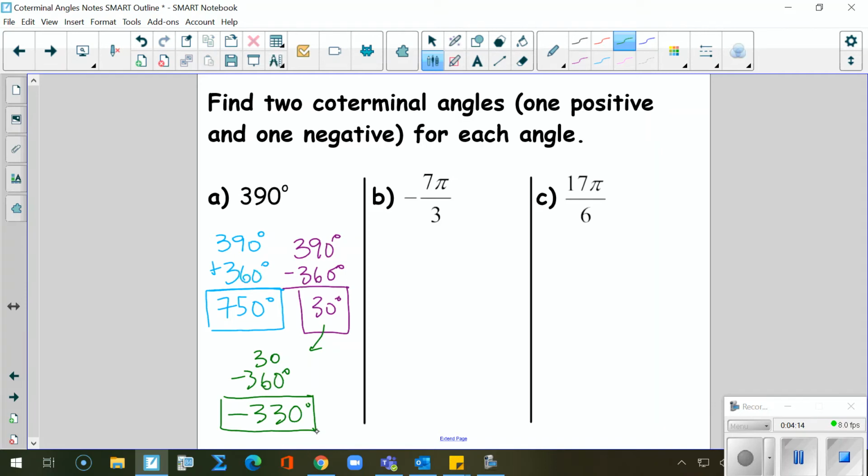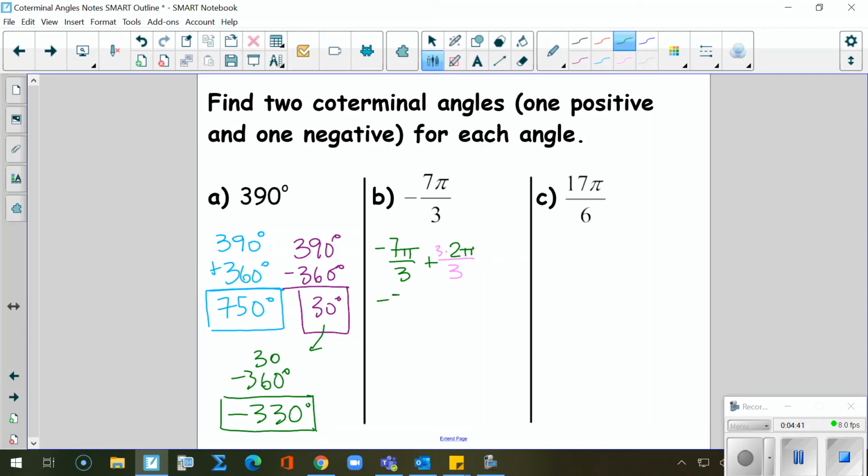In terms of radians, we would use 2 pi instead of 360. And that's going to require common denominators. Now, I just happen to notice that this angle is already negative. So I'm going to start off by adding 2 pi. To get a common denominator, I'd have to multiply by 3 over 3.